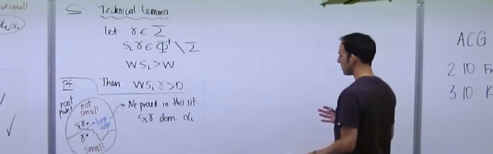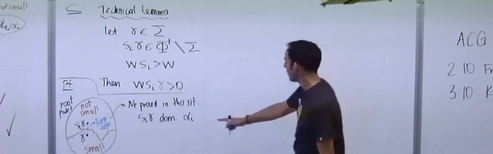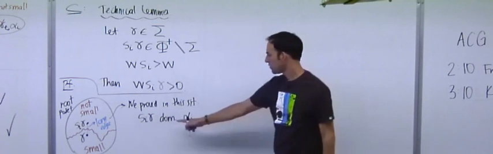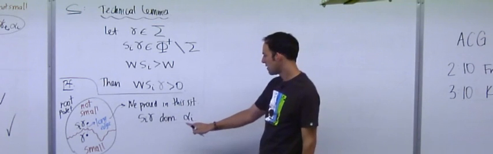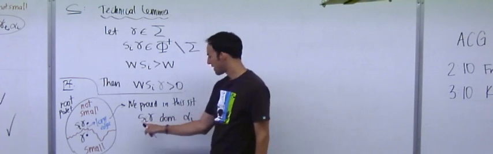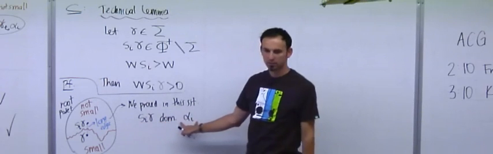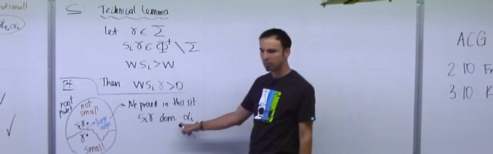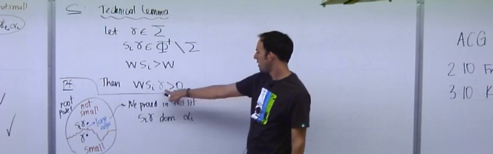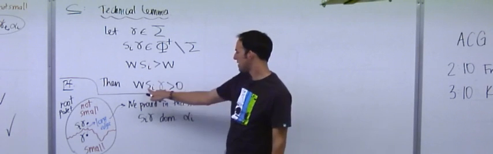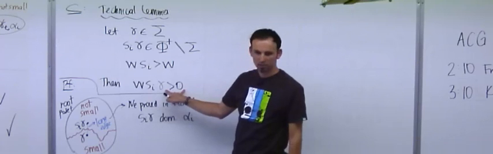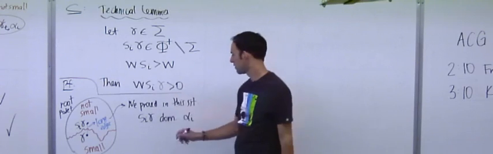Right. So what does this mean? What does it mean to dominate? Well, it means that if W makes this guy negative, then W is also going to make this guy negative. That's what it means to dominate. Now, I want to prove that W sends this guy into a positive thing. So let's suppose not.